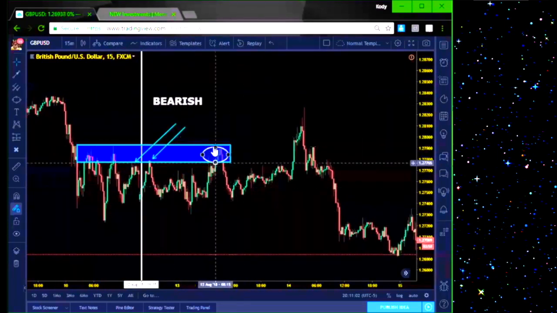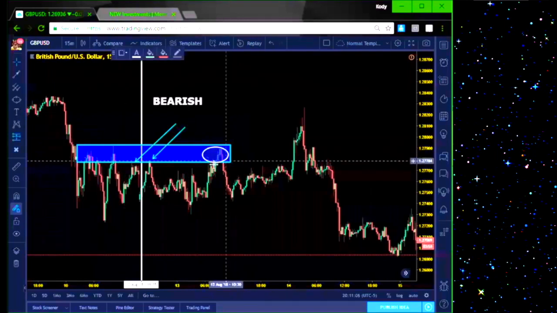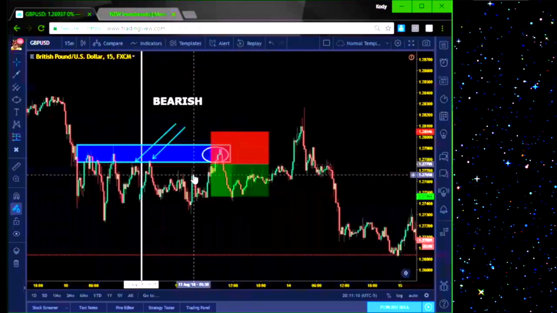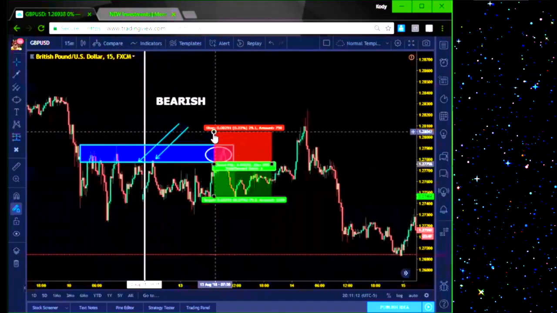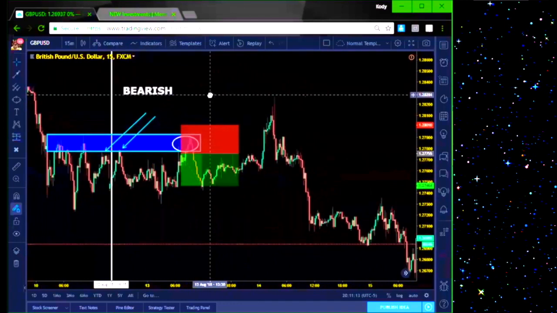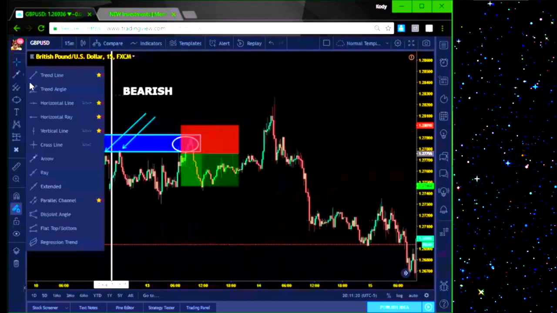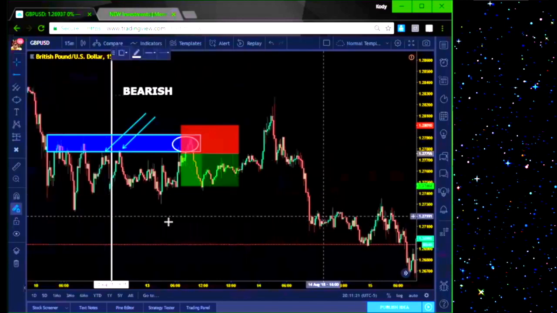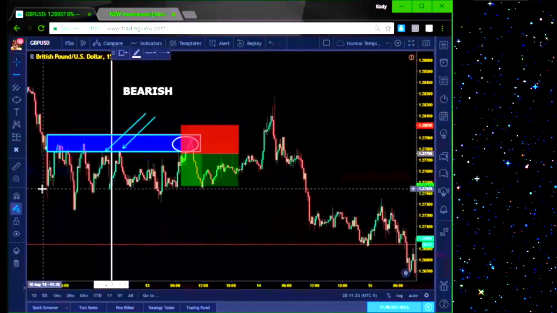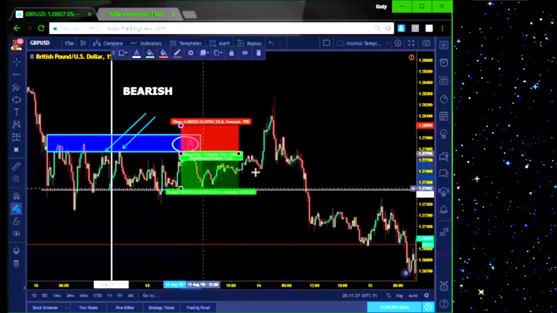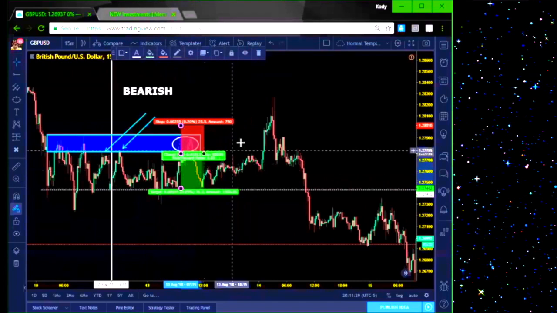Right in here, guys, this was your first trade opportunity of the week, with your stop loss up above. TP is dependent on you guys, but someone asked me about support and resistance. Where is the next support and resistance? Right off in here. So that's your target. It would have been hit, and that was the trade.